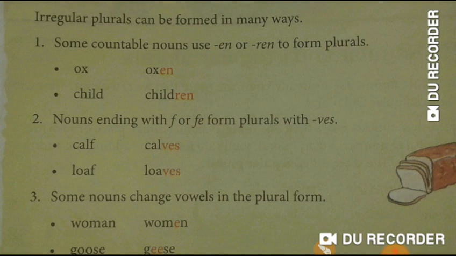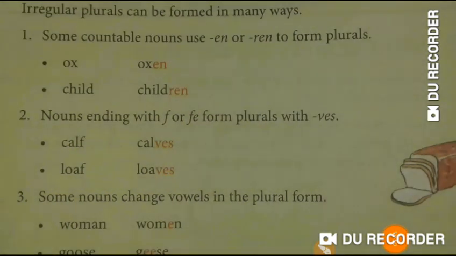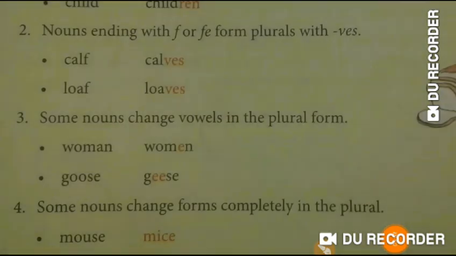Similarly, children is a plural noun which is formed by adding ren to a singular noun child. If a noun ends with f or fe, then we replace f or fe with ves to make its plural.